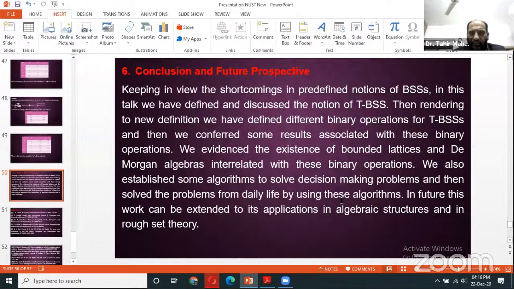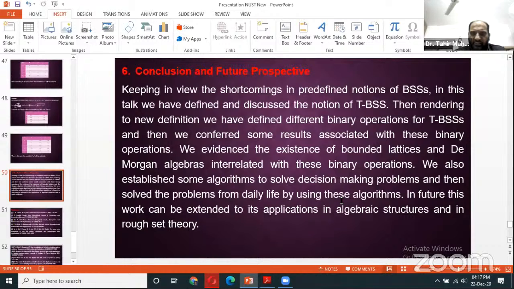Keeping in view the shortcomings in predefined notions of bipolar soft sets, in this talk we have defined and discussed the notion of T bipolar soft sets. Then we have defined different binary operations for T bipolar soft sets, and then we have conferred some results associated with these binary operations.